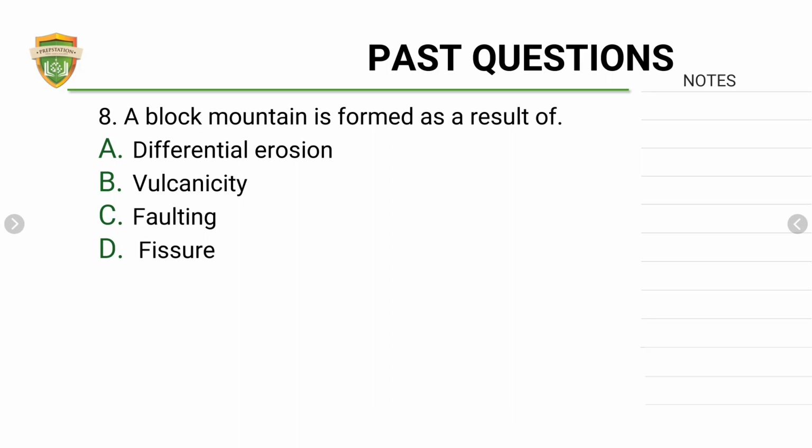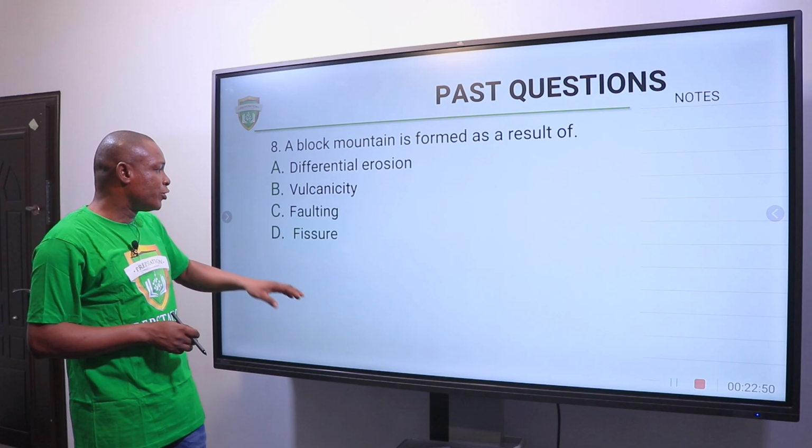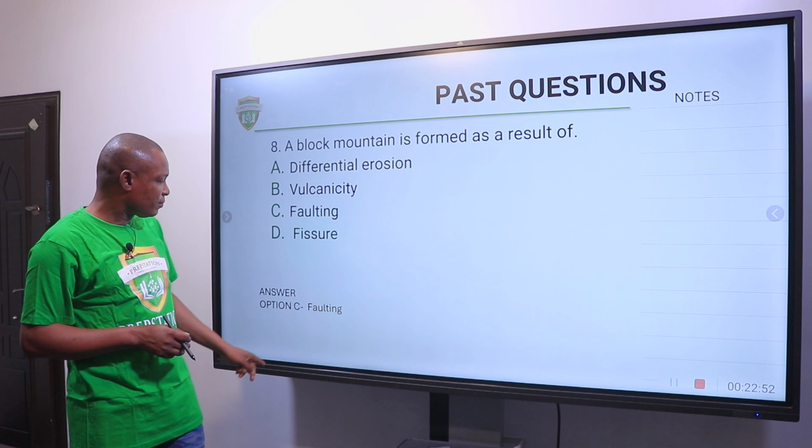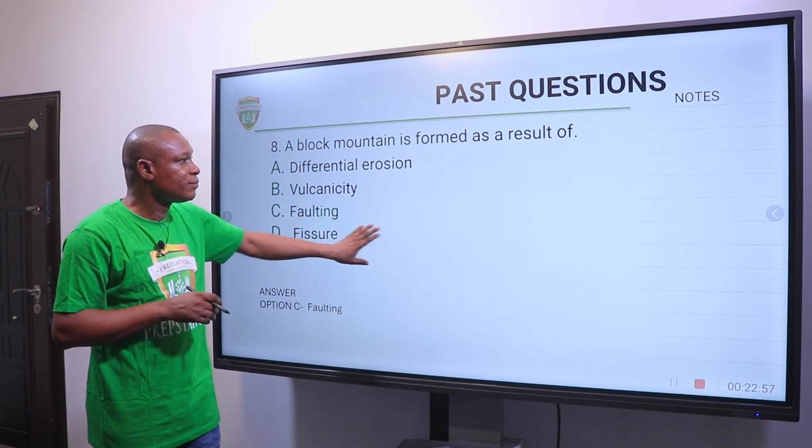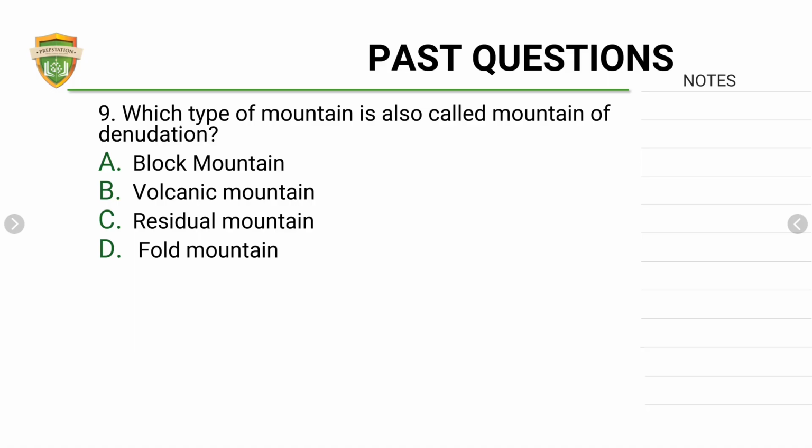A block mountain is formed as a result of: A, differential erosion; B, volcanicity; C, faulting; D, feature. Block mountain. The right answer is faulting, which is option C. Which type of mountain is also called mountain of denudation?